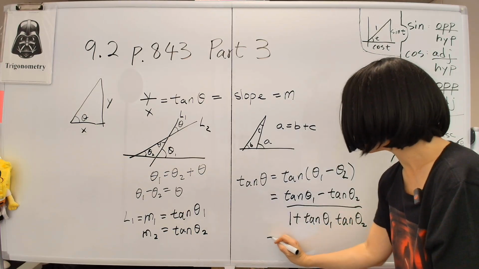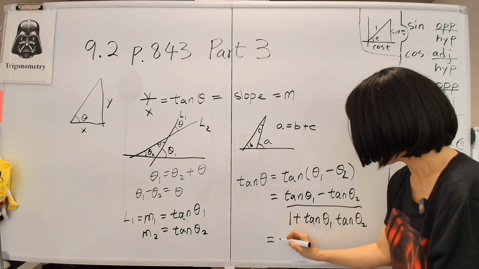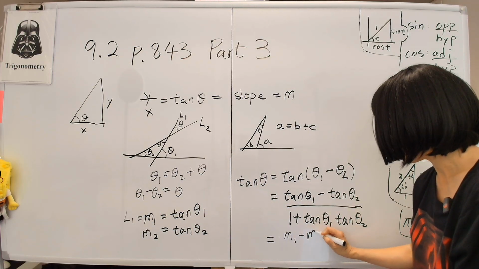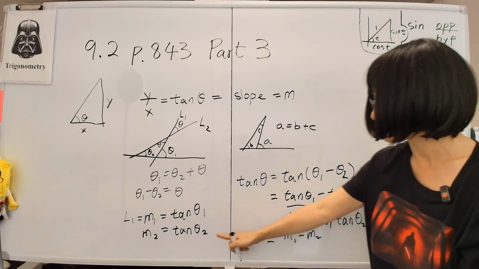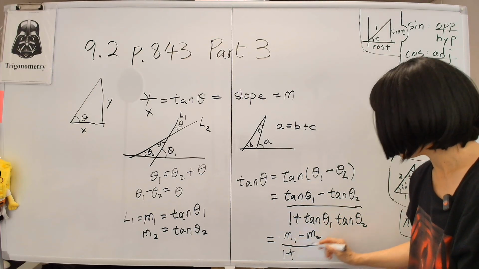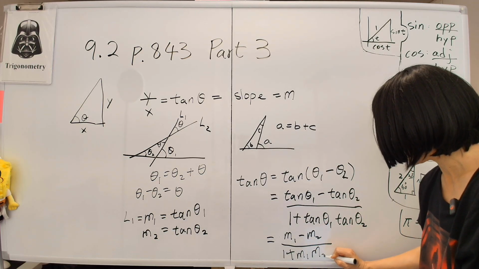And tangent theta 1 is M1, as we have mentioned before. So this equals M1 minus M2, which is tangent theta 2, divided by 1 plus M1 times M2.